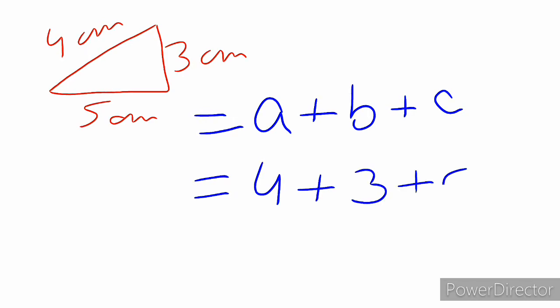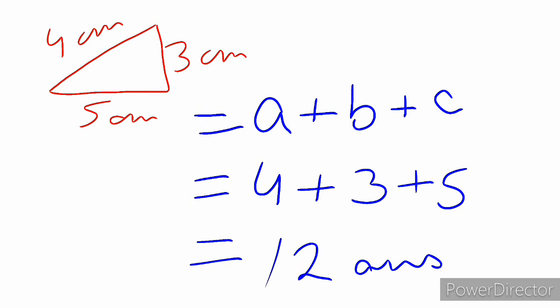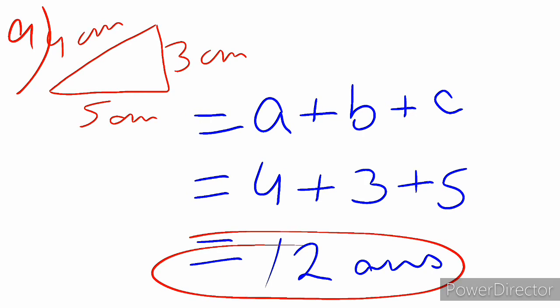And after this, 4 plus 3 plus 4 plus 5, you get the answer 12. So the answer of A of the second question is 12. Okay, so the answer is 12.